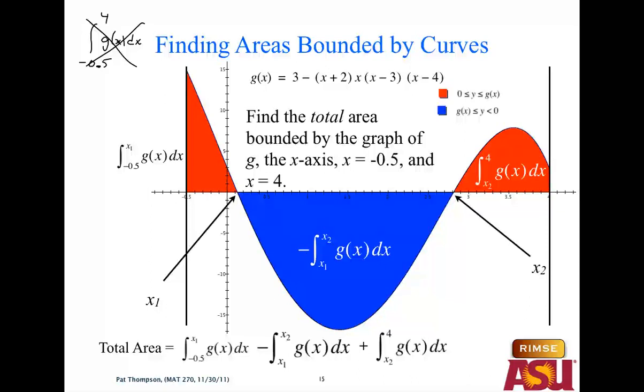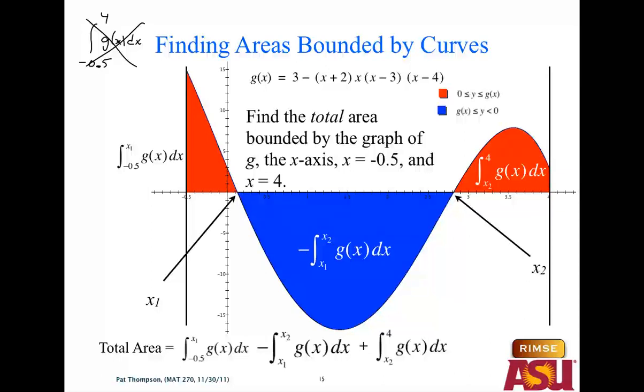Does this relationship between accumulation and area make sense? If you truly want to find total area, you've got to break up your integrals so that you take the opposite of wherever that rate function is negative, wherever that area is carving out below the x-axis.